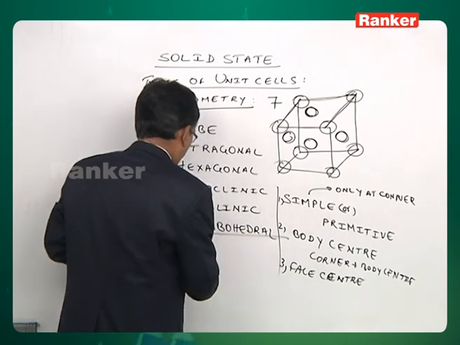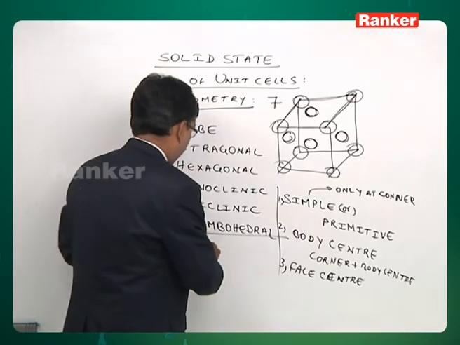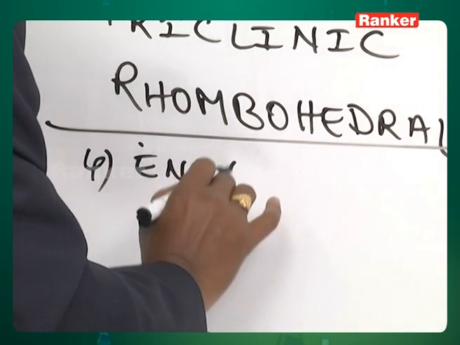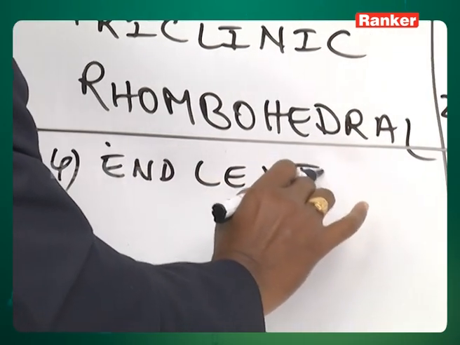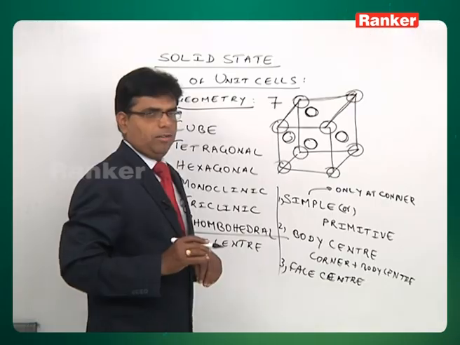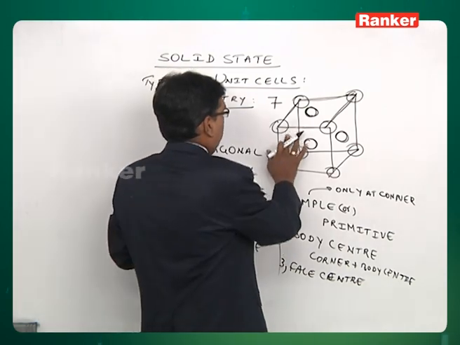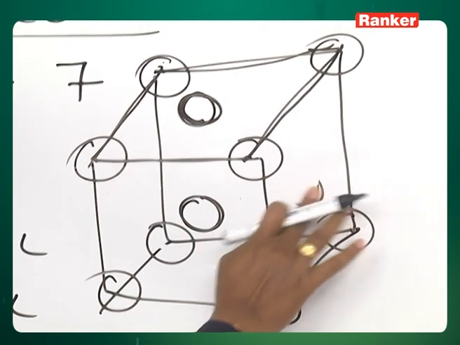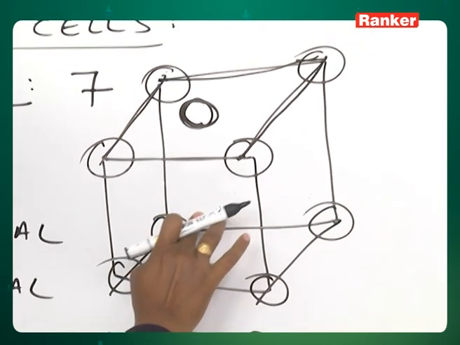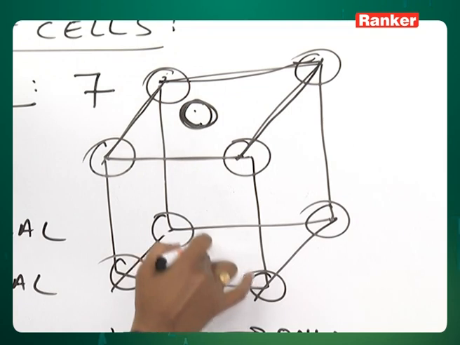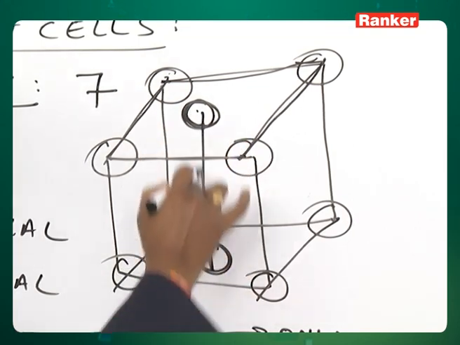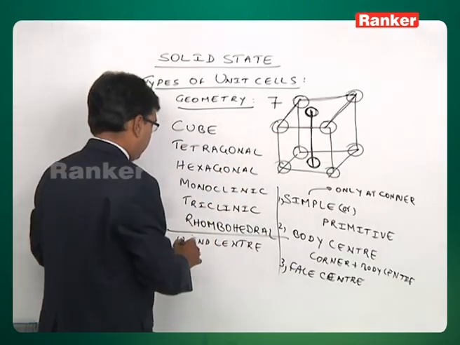Then the fourth one is end centered. This end centered is only in specific cases, in the cube it is not correct. End centered means along with the corners, an atom or ion is placed at any two opposite face centers.